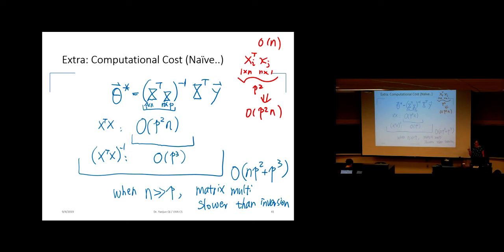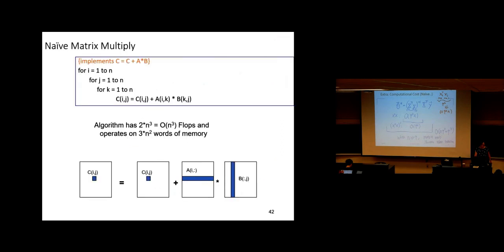When n is larger than p, the dominating term is the n p quadratic term, so matrix multiplication is dominating when n is really large.